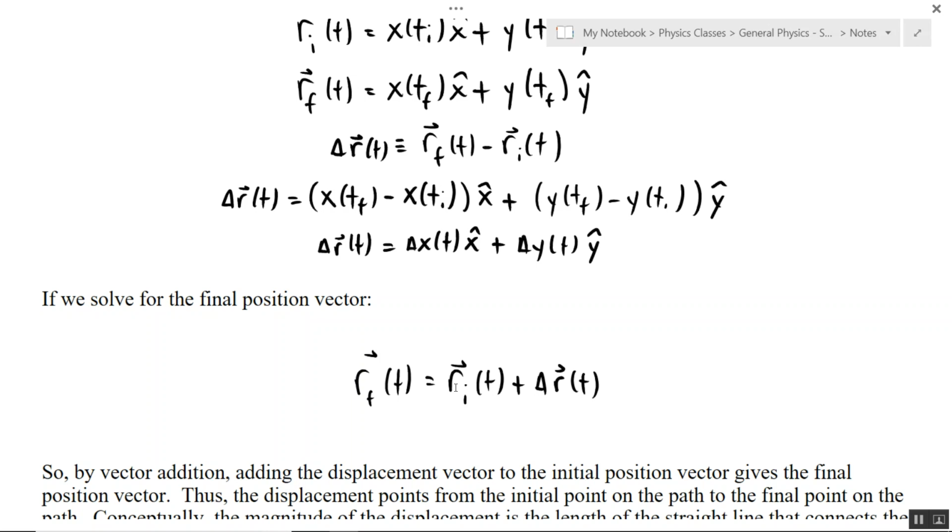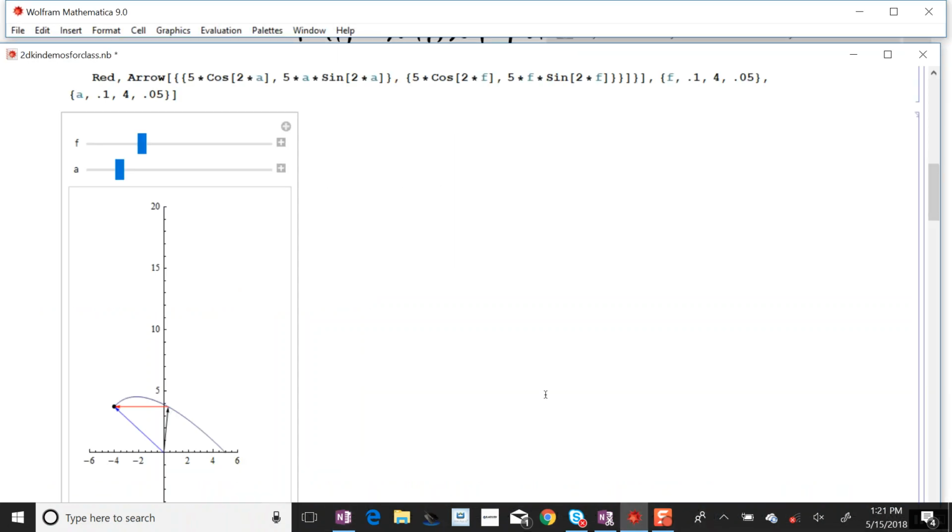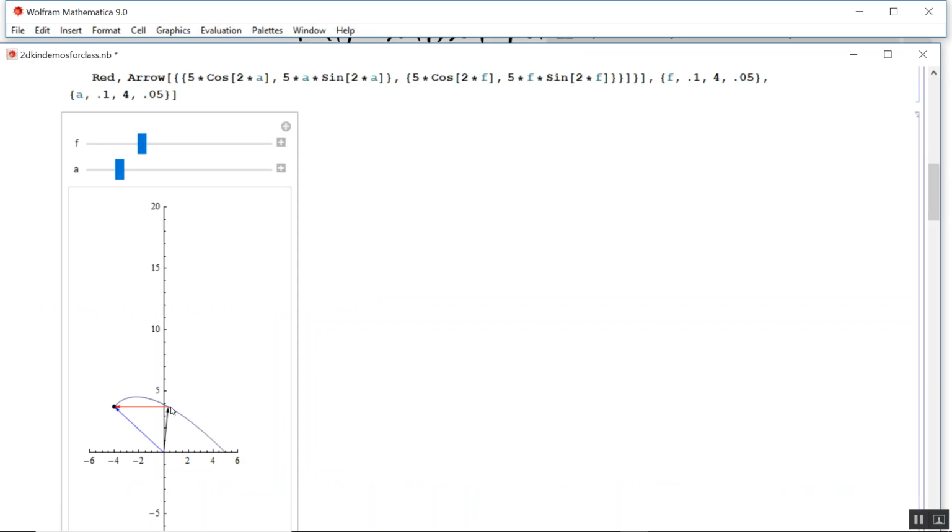So if you start with Ri and put delta R at the end of it, that gives you the final position, Rf. So this is where this graph comes from. I should have shown you that step before. Here's Ri. If you add delta R to the end of it, that gives you Rf. So this is delta R, the displacement vector. Does this make sense so far?